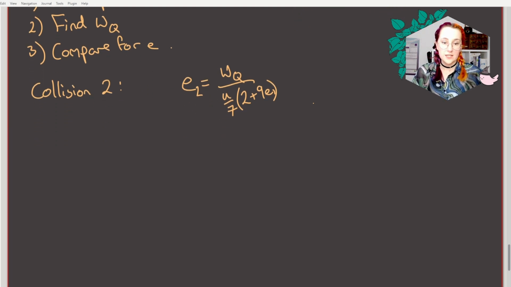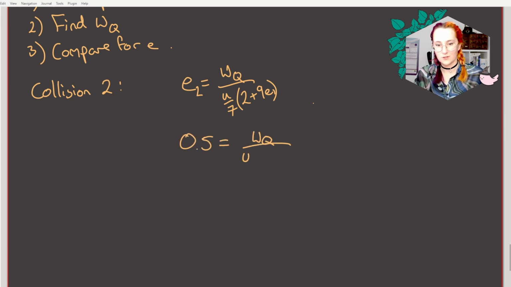So we got told that e2 was 0.5. The coefficient of restitution between the ball and the particle Q is 0.5. So it's perfectly halfway between an elastic and an inelastic collision. So it's like an average collision, basically. So we have 0.5 equals WQ over this nonsense, u over 7, 2 plus 9e.